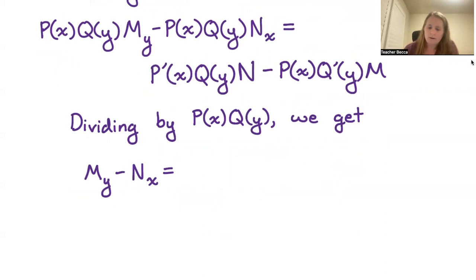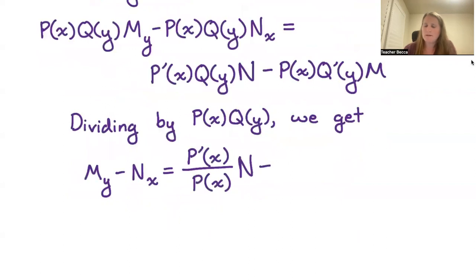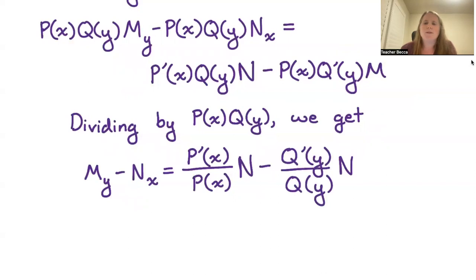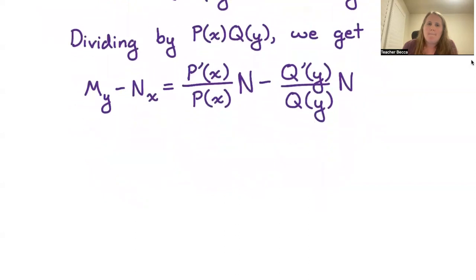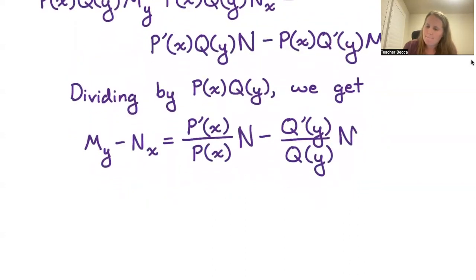The q of y's cancel out, and so we would just have p prime of x over p of x multiplying our n, and then we are subtracting p of x q prime of y divided by p of x q of y. The p of x is canceled out. We just have q prime of y over q of y times m.